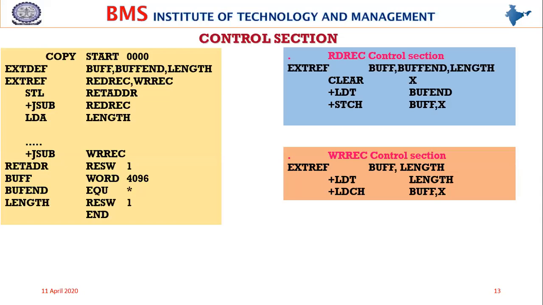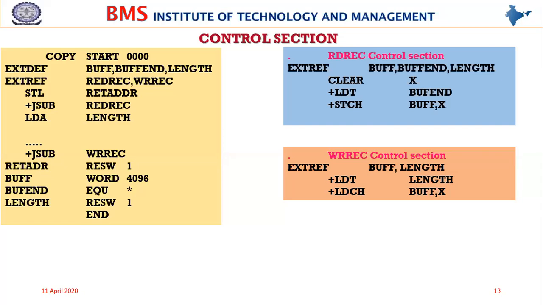Yeah, the control sections, here we have 3 control sections. The default control section, or the main we can call it, has 3 symbols in EXTDEF, that is BUFFER, BUFFEND as well as LENGTH, which are defined in this control section but used in other control sections. For EXTREF, we have 2 variables, RDREC and WRREC, which are referred to in this control section but are declared in some other control section.